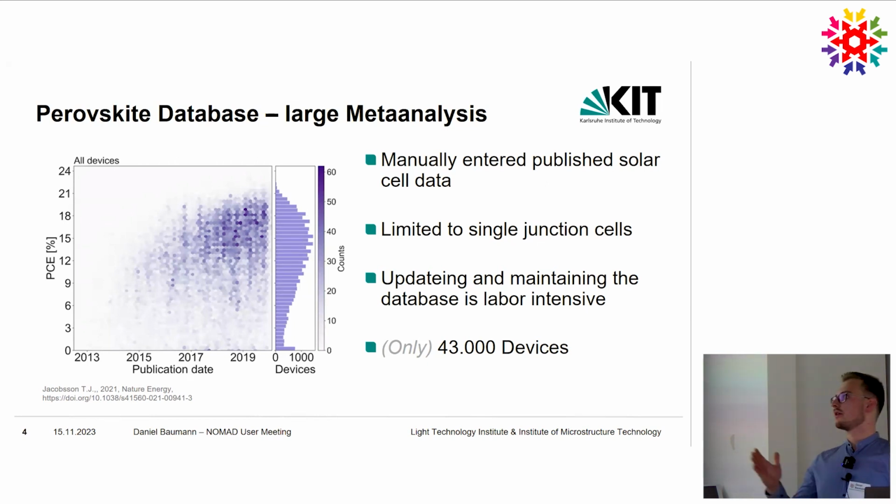The result is this graph that you can see, the efficiency over the publication dates. There's a lot more behind this database, but this is the condensed front-page view. However, it is currently limited to single junction solar cells, and more databases are being created right now for tandem solar cells. But the main problem is that maintaining these databases is very labor intensive and not automated, and they only focus on published solar cell data.